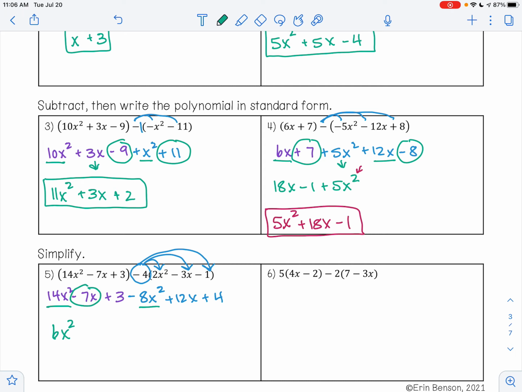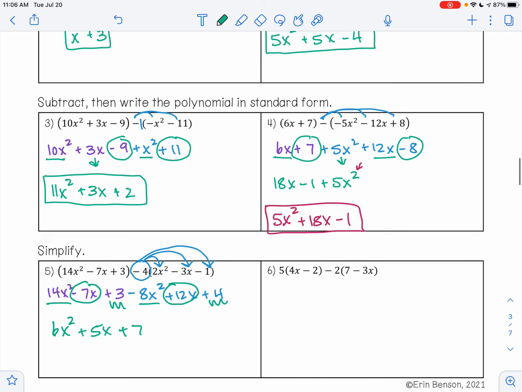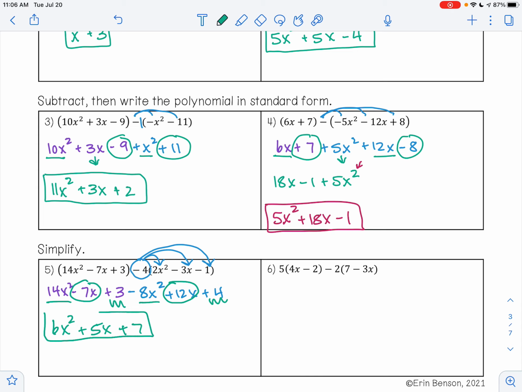Negative 7x plus 12x is 5x. And 3 plus 4 is 7. So our answer written in standard form is 6x squared plus 5x plus 7.